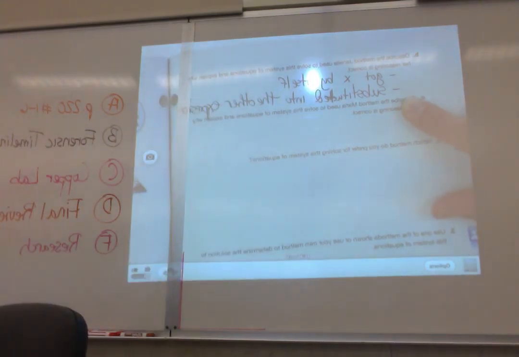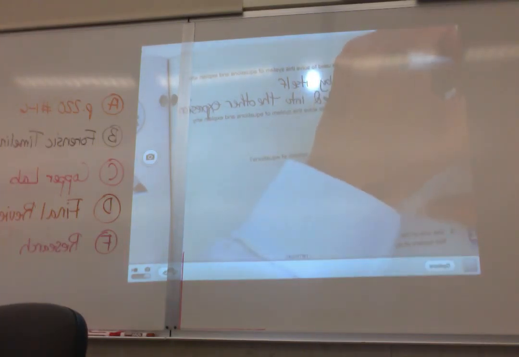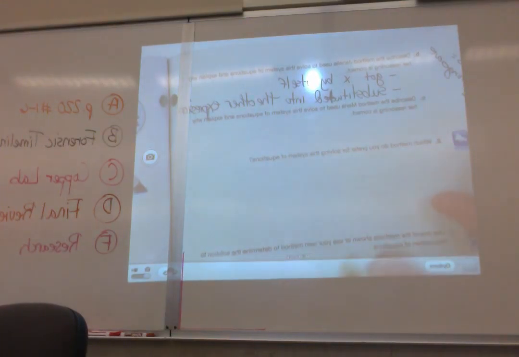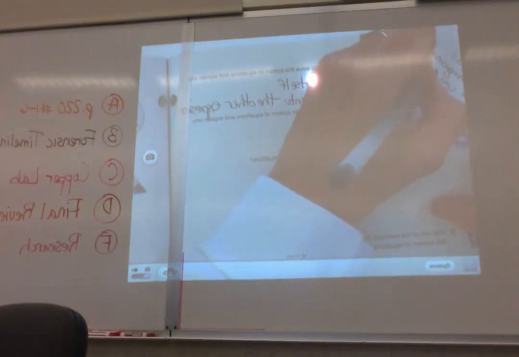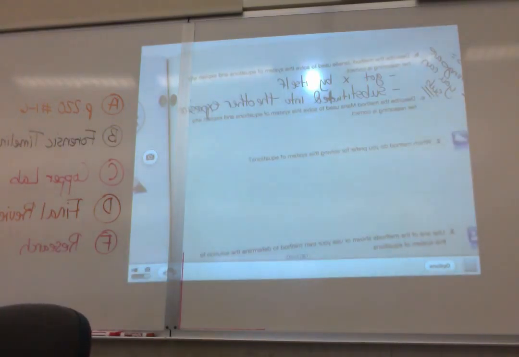Can you do that? Yes. If things are equal, you can substitute. You can trade pieces in and out if they are equal.